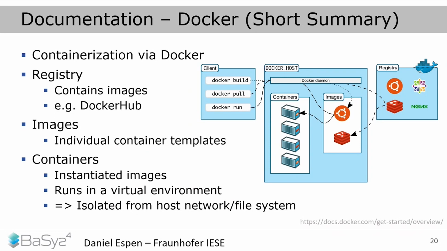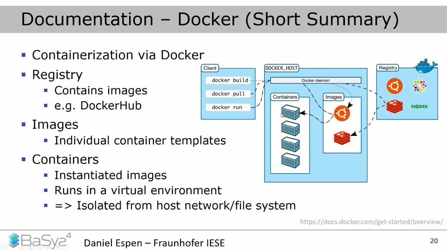With Docker, you can download software or programs as Docker images, which is basically a program that you can just download. And if you run these images, you basically run a container of that program in a virtual environment.